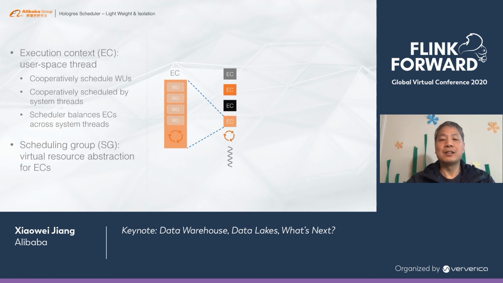As a result, the number of execution contexts is much larger than the number of operating system threads. So typically, we will create a single operating system thread for each core that we are allocated. This will greatly reduce the overhead from the operating system scheduler.